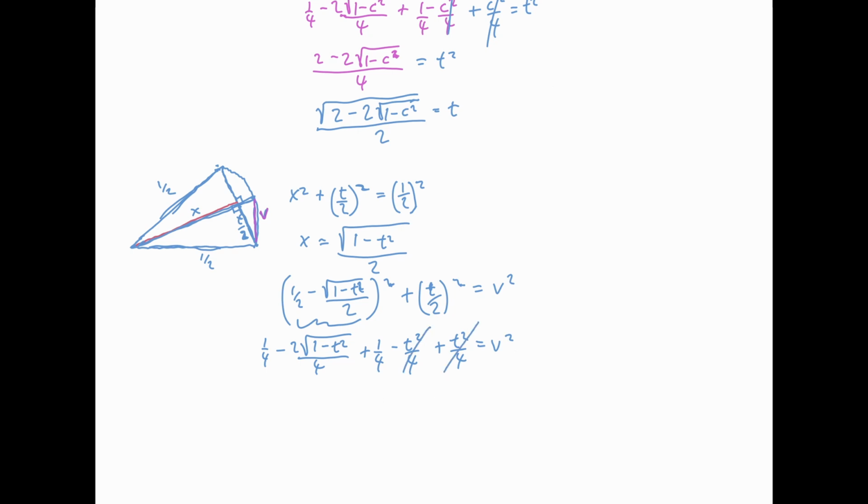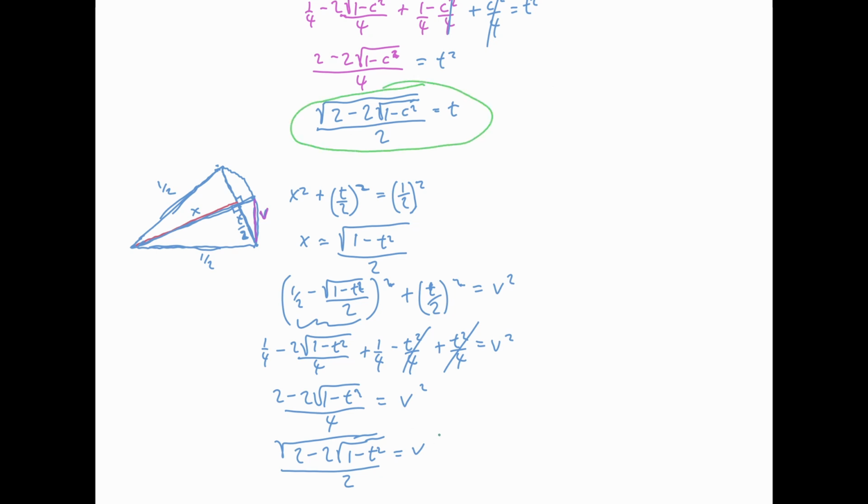These cancel out, and we get 2 minus 2 times the square root of 1 minus t squared over 4 equal to v squared. So it becomes that. So here we see the formulas for the length of the side of the polygon are very similar.